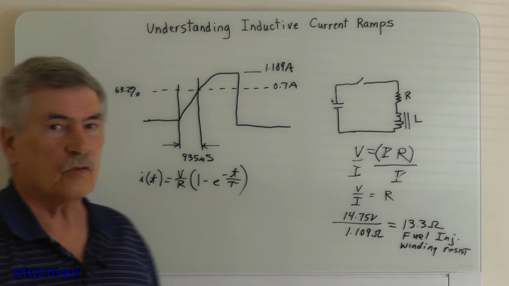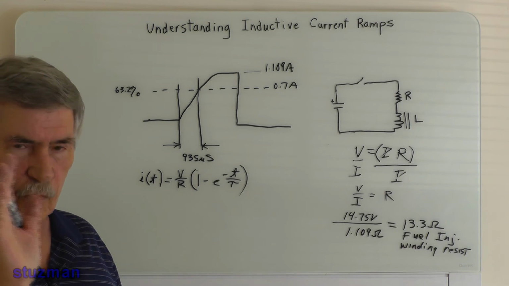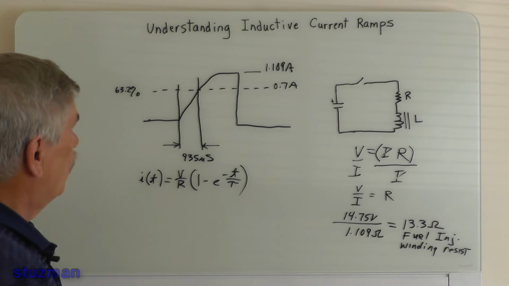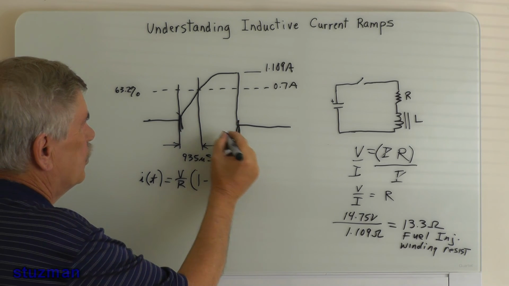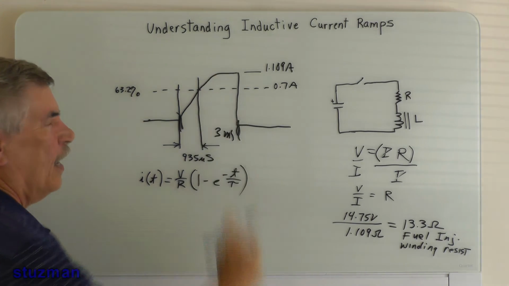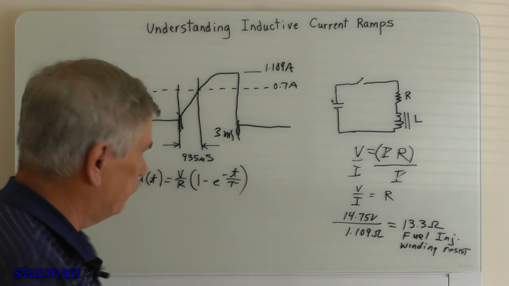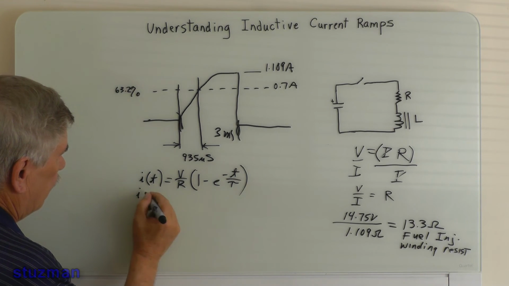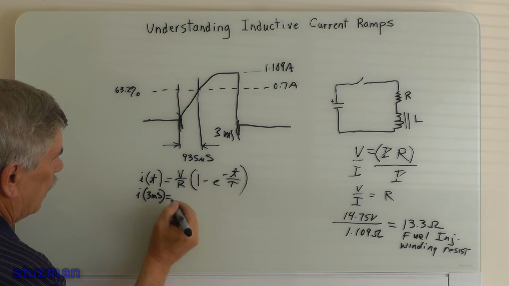That gives us the current at 3 milliseconds. In other words, we found from here to here was 3 milliseconds. At that point right up there, how much current do we have 3 milliseconds after this coil has been turned on? So we're going to say when it's 3 milliseconds.